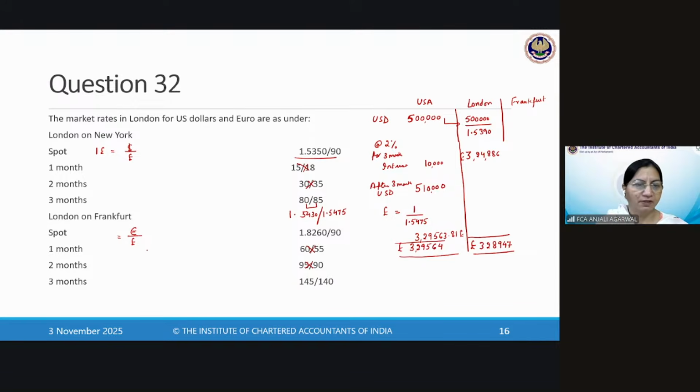Frankfurt. Now you need to convert your dollars to euros. For that you need a rate, euro to dollar is what you need. What you have is dollar to pound and euro to pound.